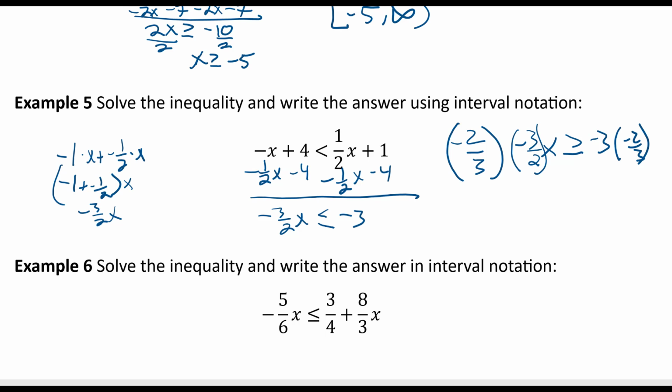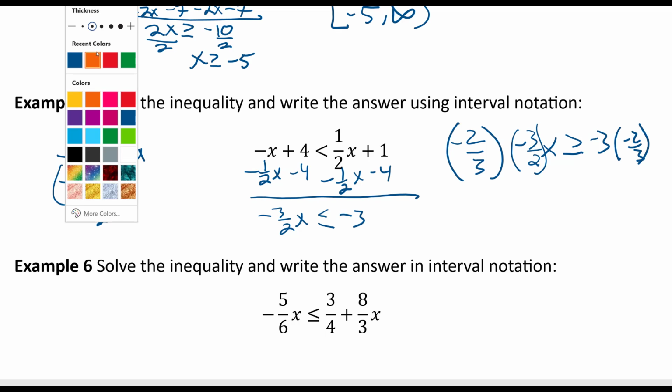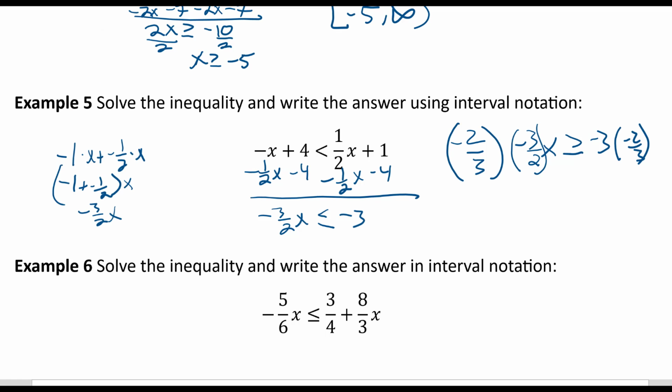Okay, so I like to go to red. So the negative 2 and the 3's. By the way, on the left side, negative times negative is a positive. So that's just going to be x is greater than or equal to. And on the right side, we have the negative 3 here. And the negatives cancel, leaving us with just a 2. So it's going to be 2 to infinity.